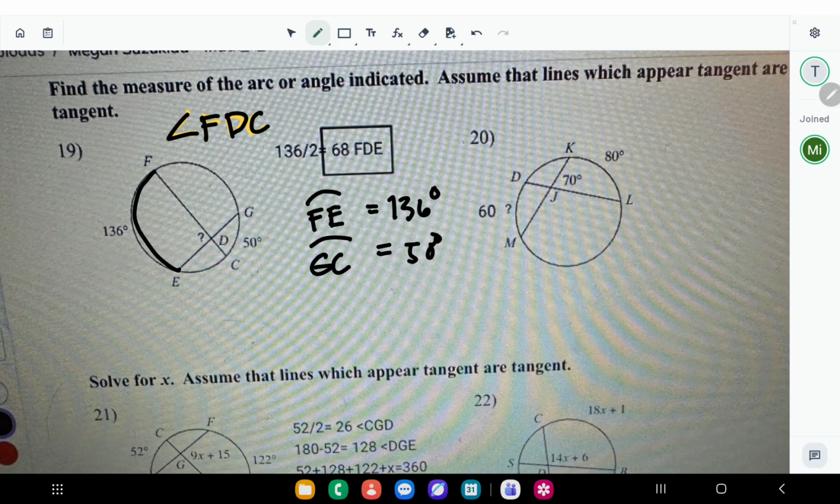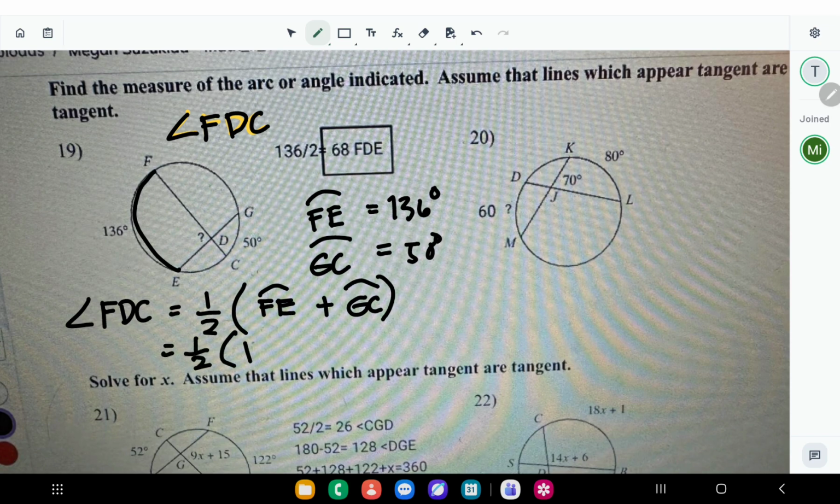So the measure of angle FDC is 1/2 the sum of the two intercepted arcs, arc FE plus arc GC. This is just 1/2 times 136 degrees plus 50 degrees.